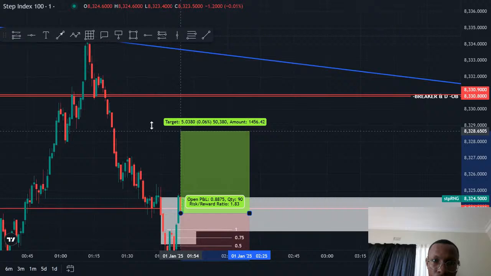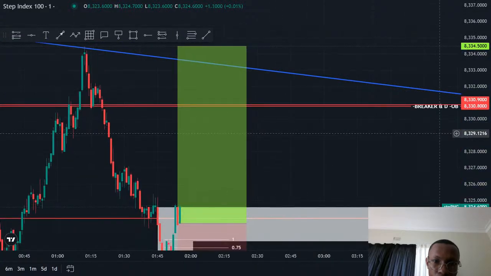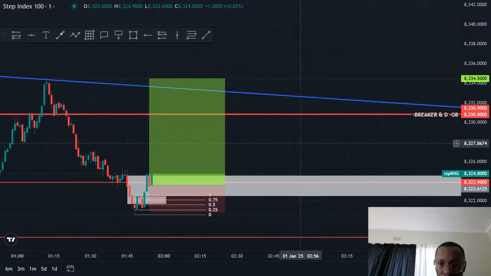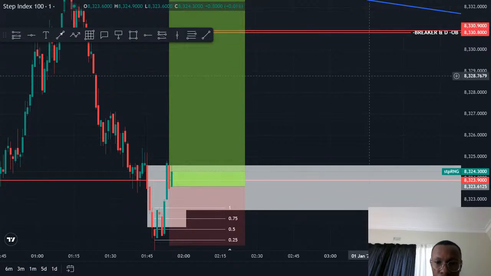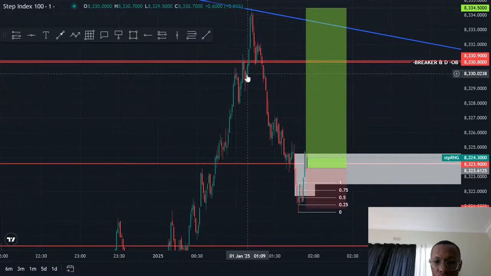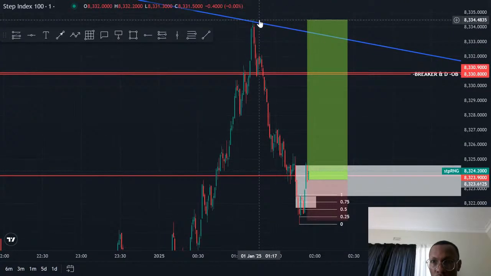As I mentioned, I'd be looking for the pre-market buy side here. There's only $2.70 worth of risk. This is 8334.88.